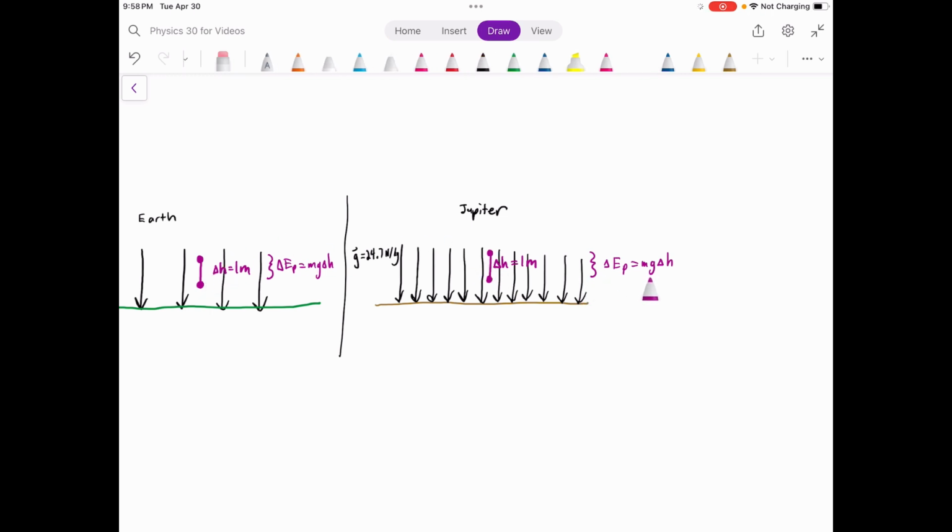Another way to quantify the strength of a field is to say, how much does an object's energy change by when moving it through a distance within that field? If its energy changes by more when you move it through a meter than it would in another field, that field is a stronger gravitational field.